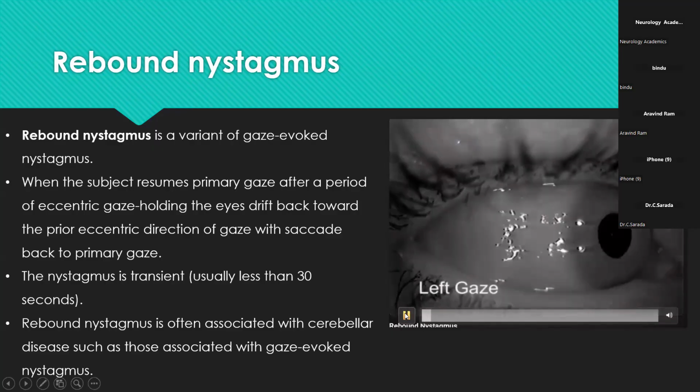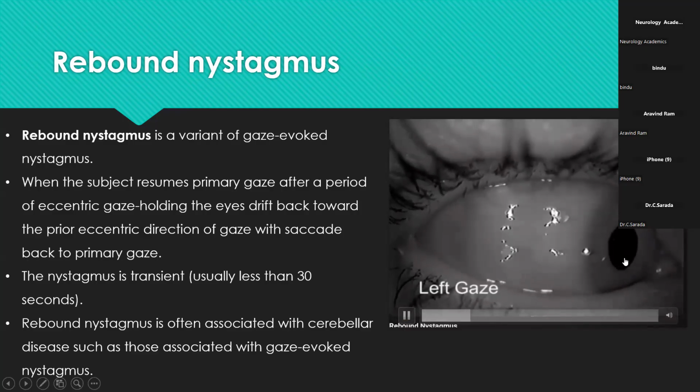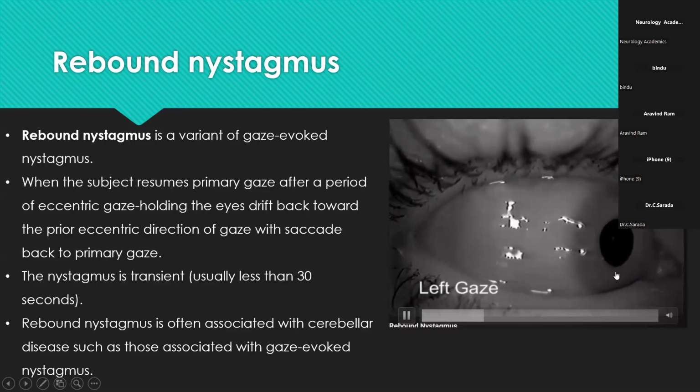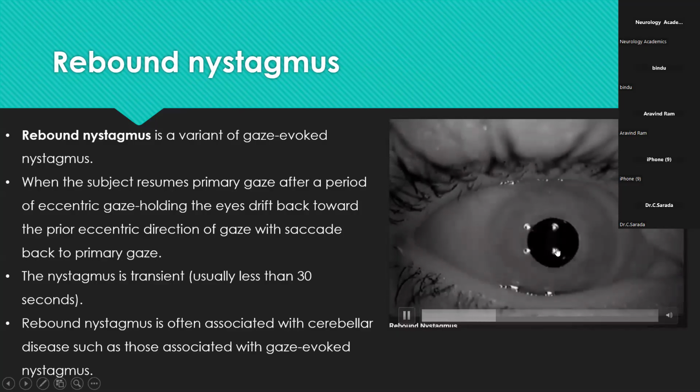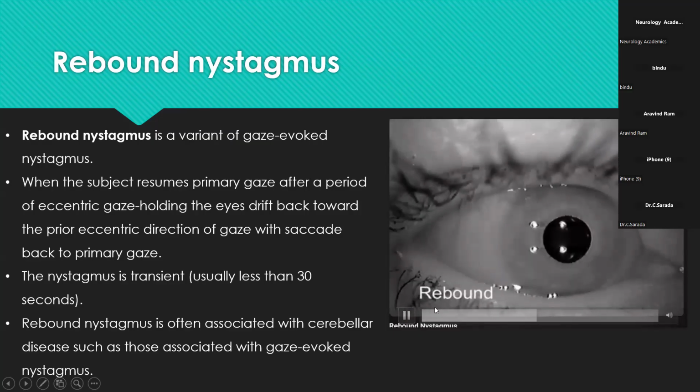When the eye is moving to the left, there is a left beating nystagmus. And when the eye is brought to the center primary position, there is a right beating nystagmus.